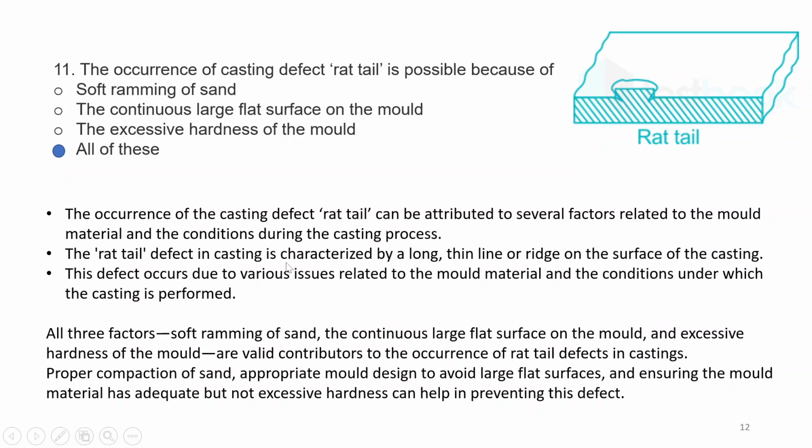This defect is characterized by long thin lines and ridges on the surface of the casting. So all three factors, soft ramming of sand, continuous large flat surface on the mold, and excessive hardness of the mold, are valid contributors to the occurrence of rat tail defects in castings.